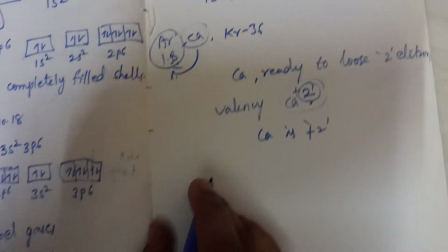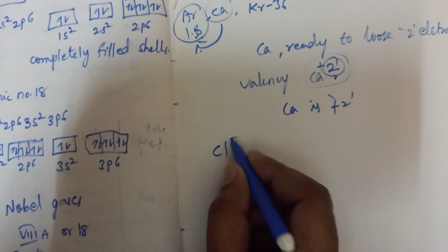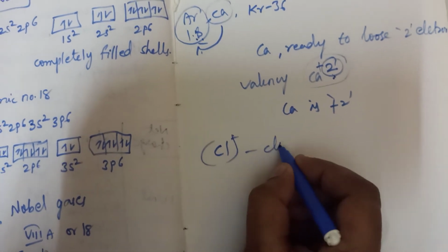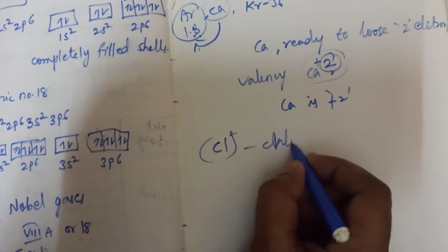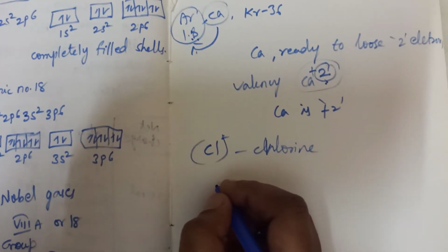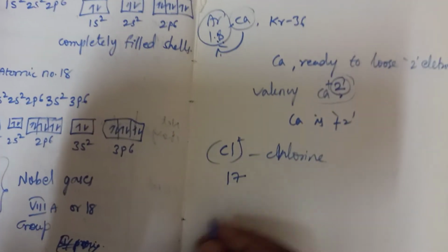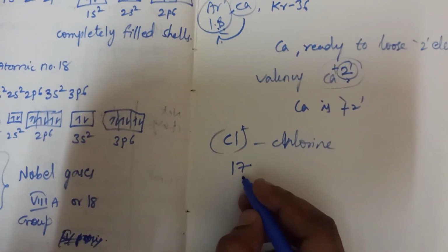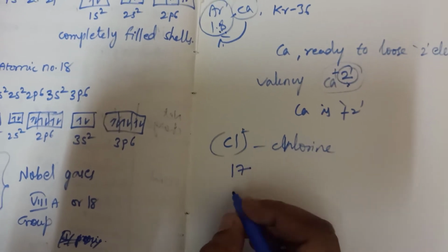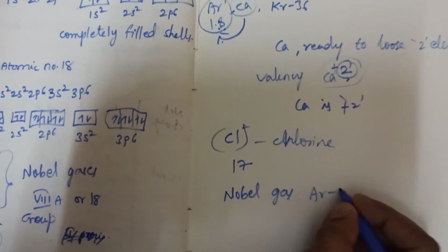For example, here I am taking Cl minus. Cl, chlorine. The atomic number of chlorine is 17. The nearest noble gas for chlorine is argon 18.